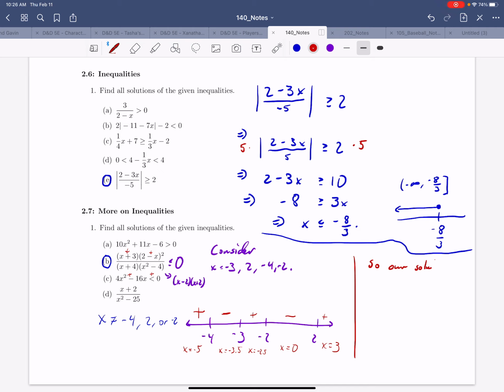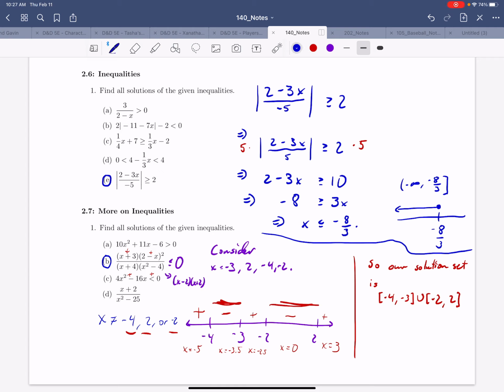So our solution set is, now you can write x is in if you want. Maybe not x equals, don't write that. So we want to say it's -4 to -3 inclusive, because we want the negative regions, union -2 to 2 inclusive, but remember, these are prohibited values of x.